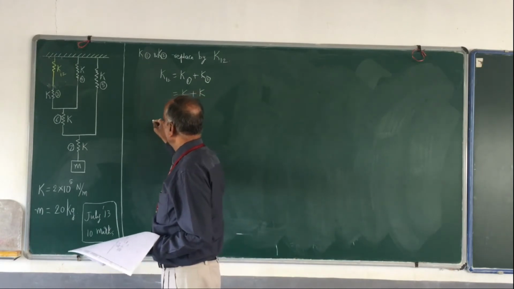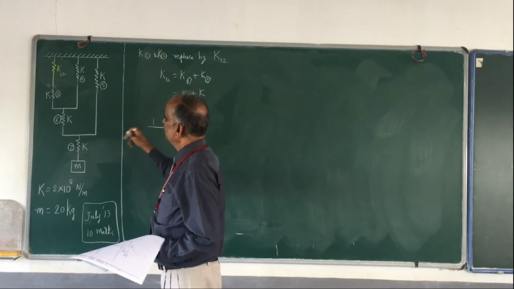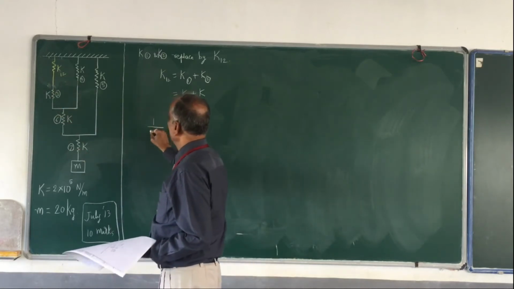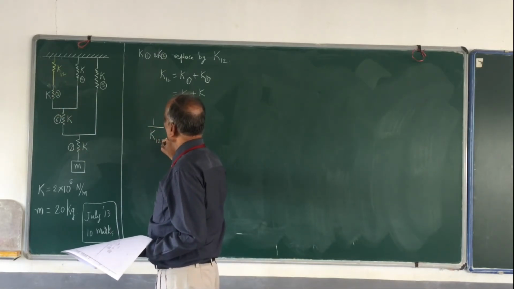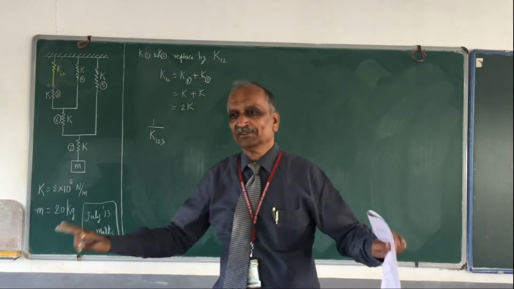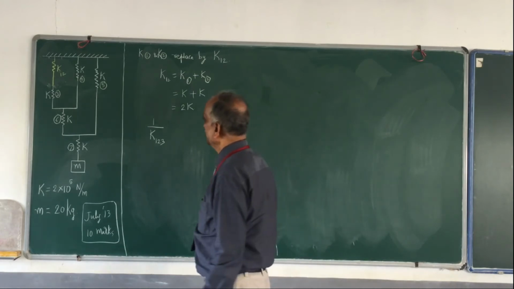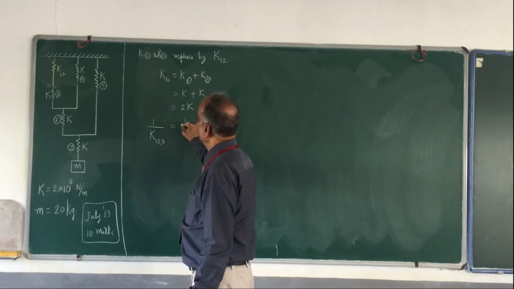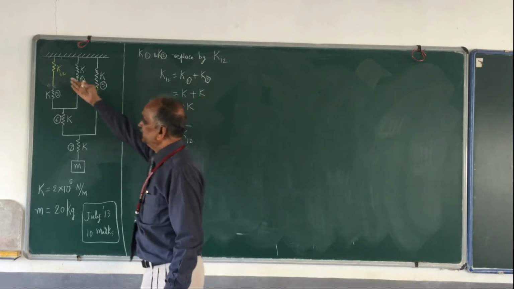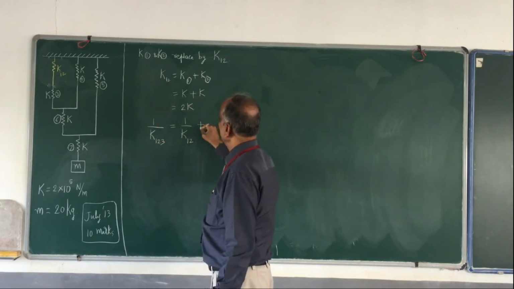So I would like to find out the equivalent stiffness of this 1, 2 and 3, and I call it K123. I would like to replace the springs 1, 2 and 3. So 1 upon K123 is equal to 1 upon K12, that is one spring, plus 1 upon K3.